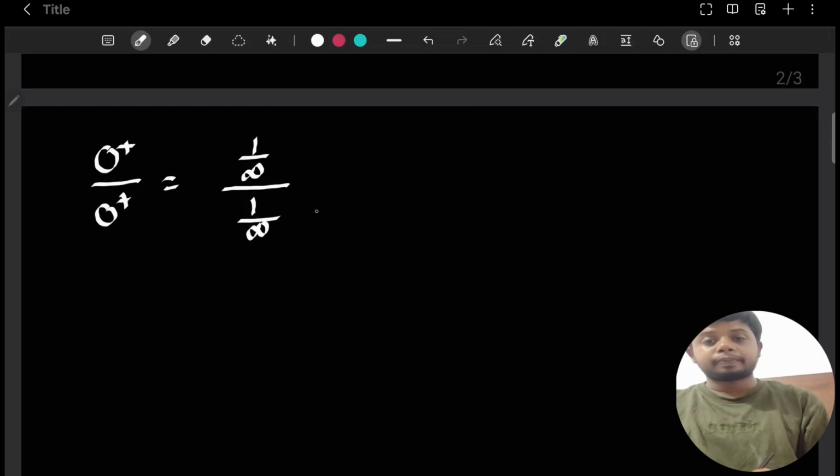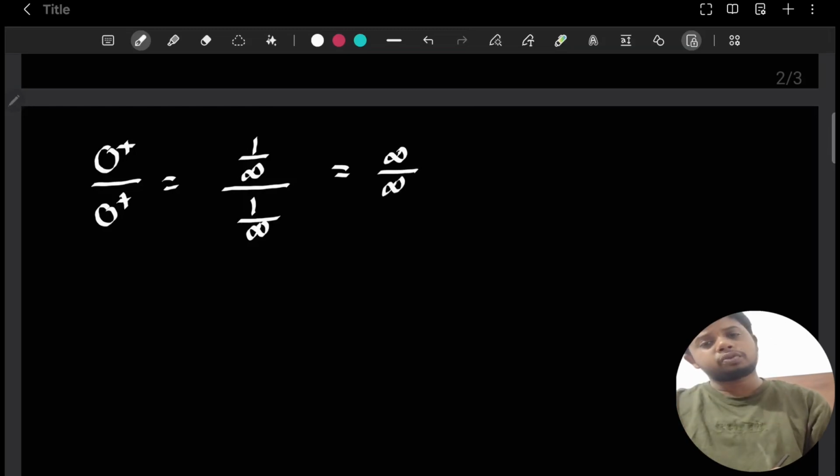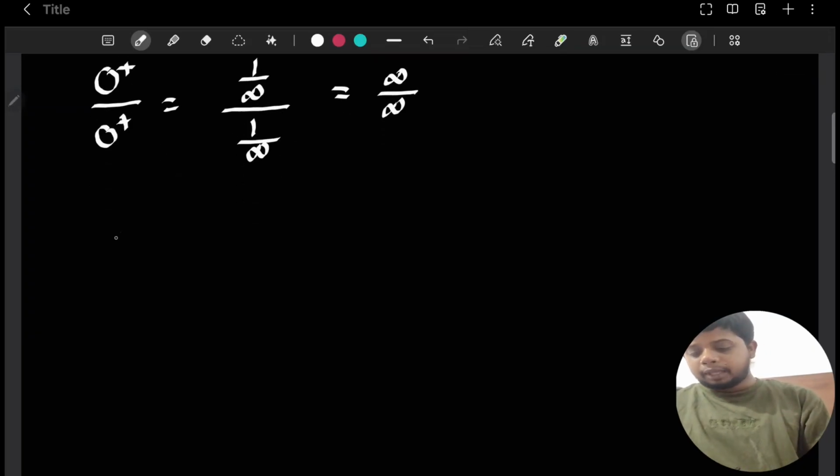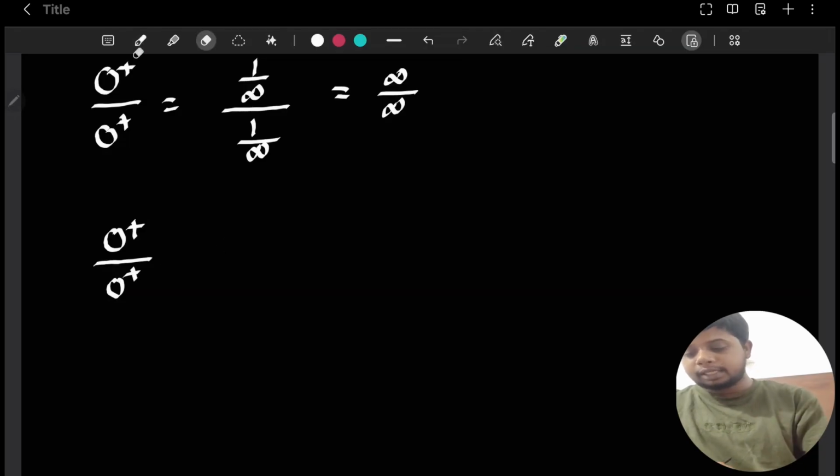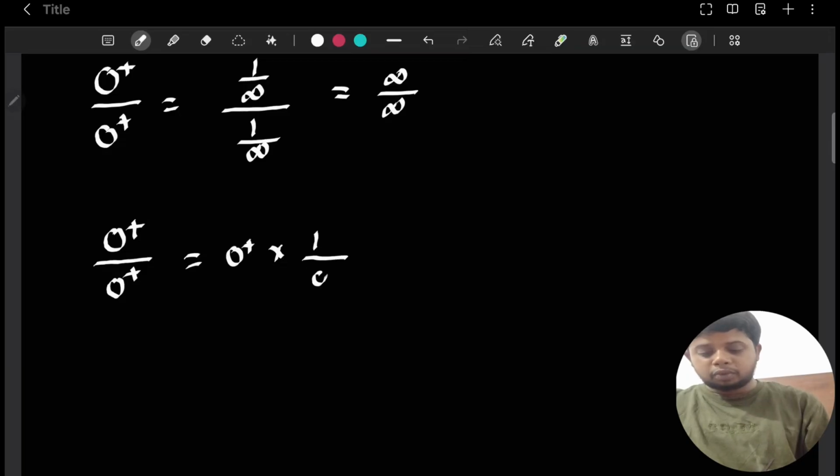So let's say if I take 0 plus by 0 plus. So what is 0 plus? 0 plus is 1 by infinity. What is 0 plus again? 1 by infinity. We have derived it. That means we'll get here infinity by infinity. That means infinity by infinity is also an indeterminate form. Of course. Correct. Now, if I take this 0 plus by 0 plus, this first 0 plus is as it is, and the second 0 plus is 1 by 0 plus.